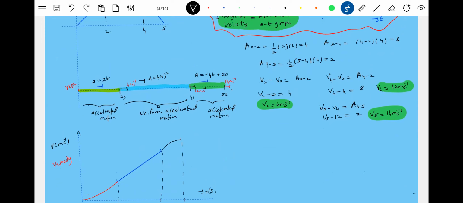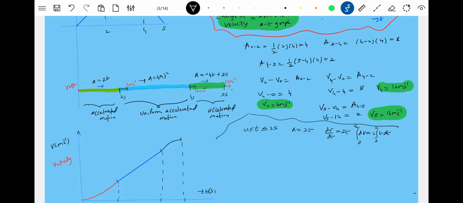A is equal to, graphically and mathematically, for t, let me derive this.